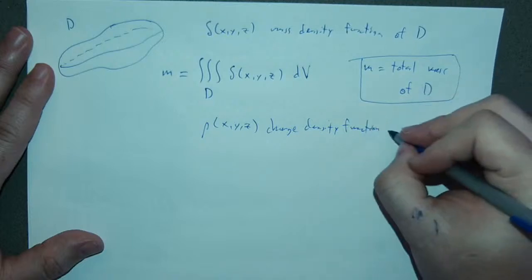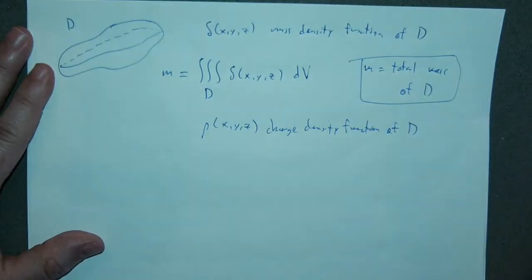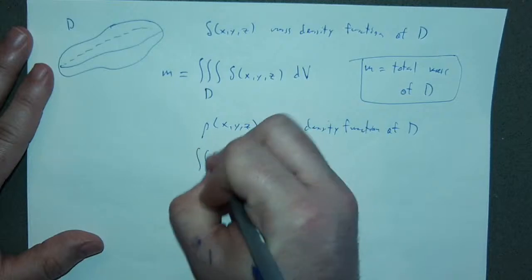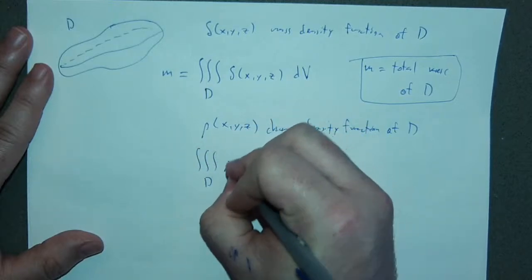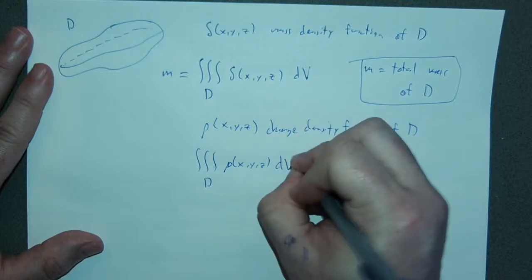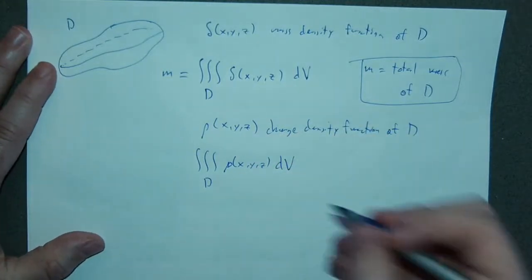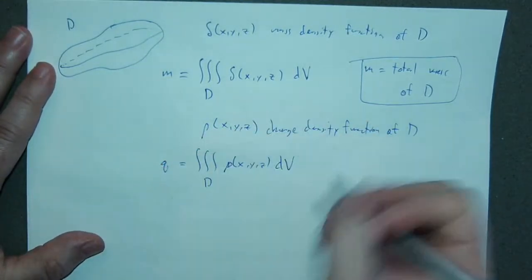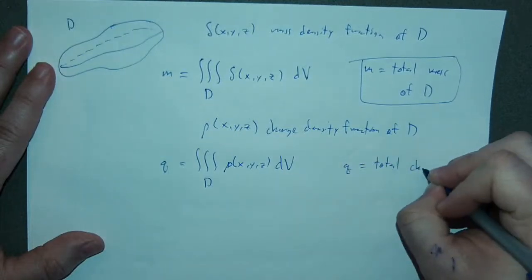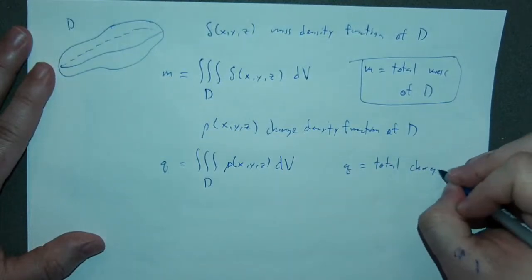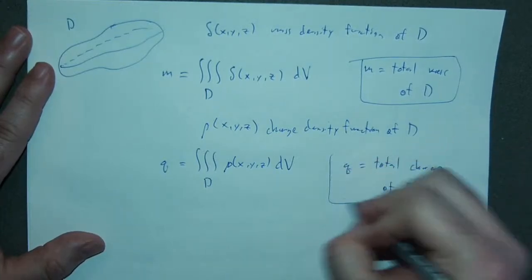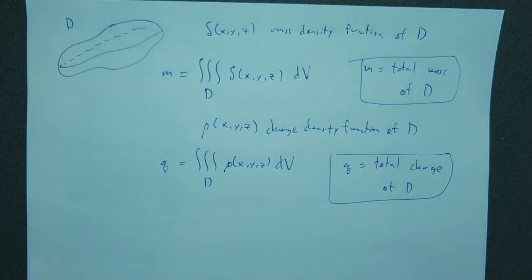It's describing the distribution of charge on the region D. Then the triple integral over D of this rho function is Q, and Q is the total charge. So this is the total charge of D.